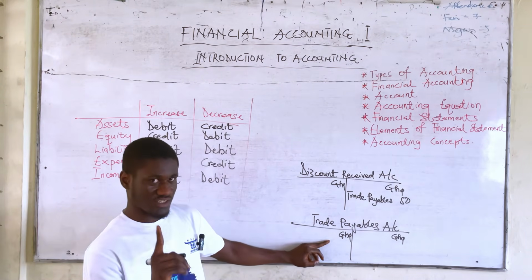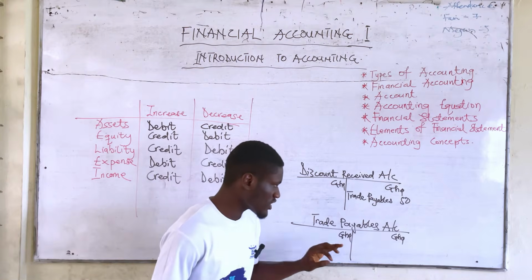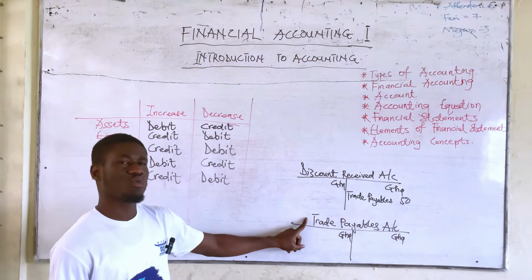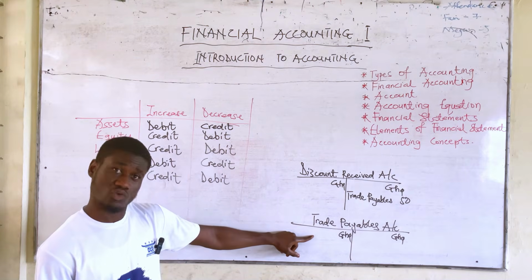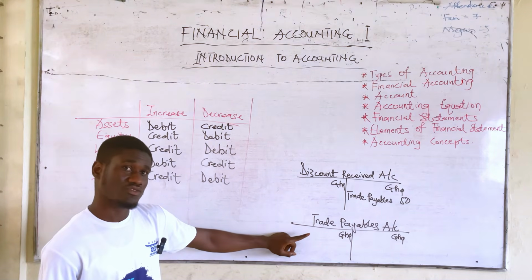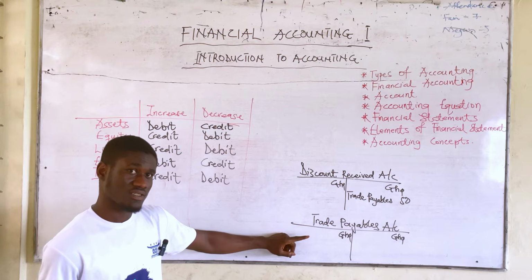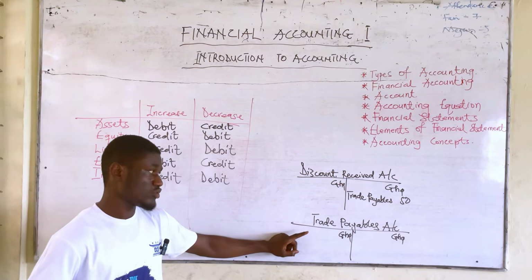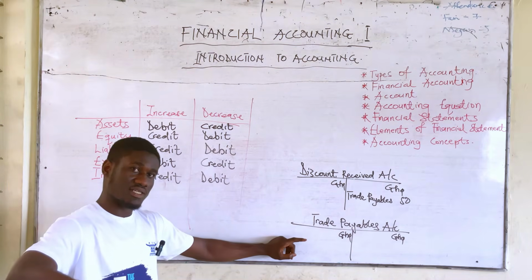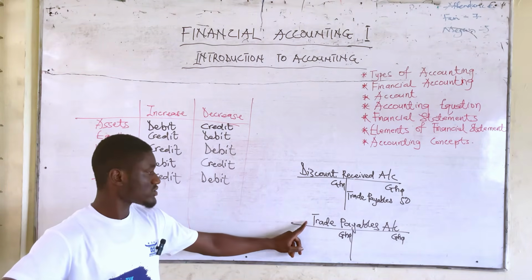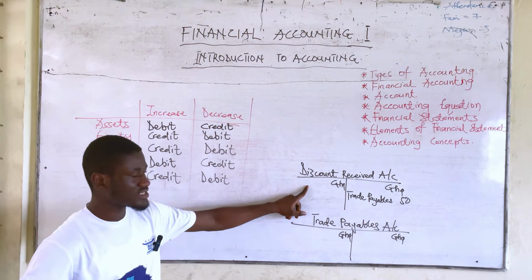Now, there has been a decrease because these people are the ones we owe. And these people who have given us discount, we know that discount received is from our trade payables. You should know that the people who sell to us, because they sell to us for us to owe them on credit, are trade payables. And now these people have given us discount.